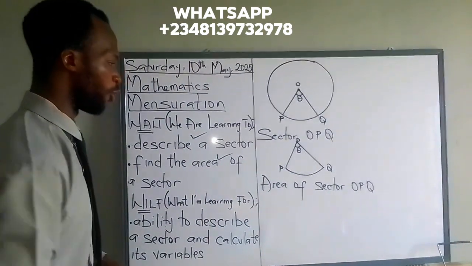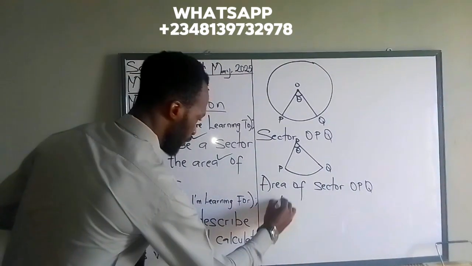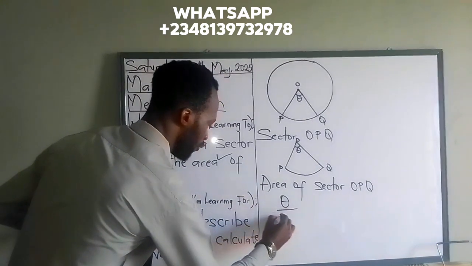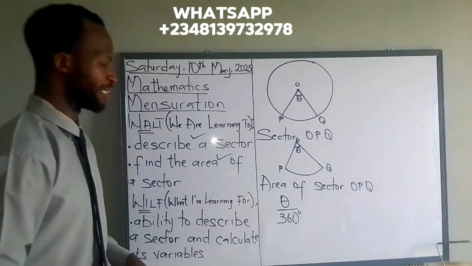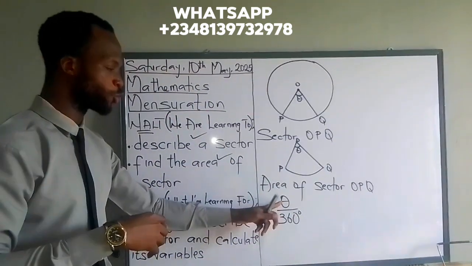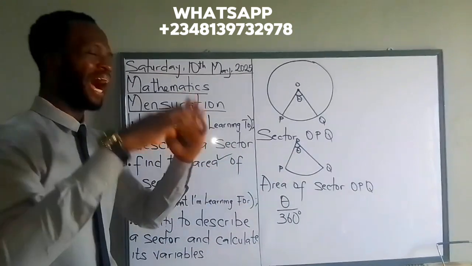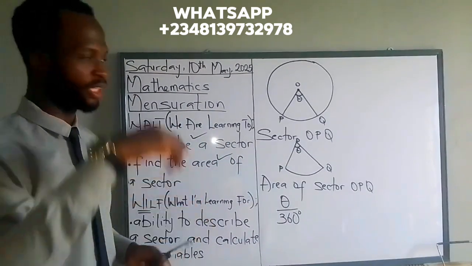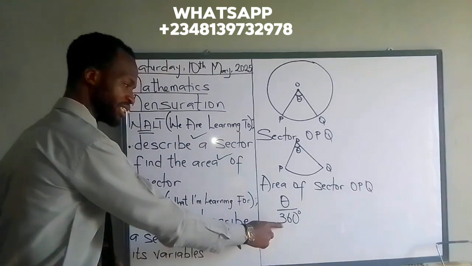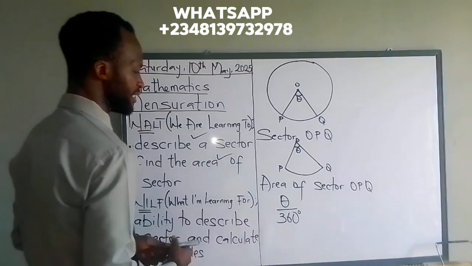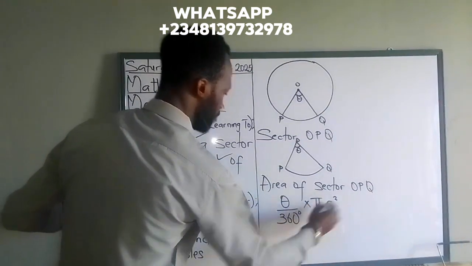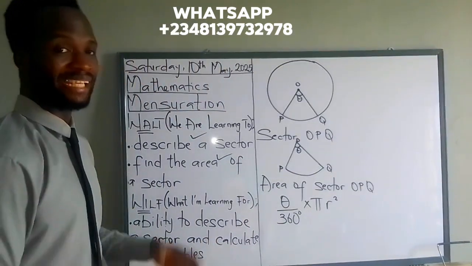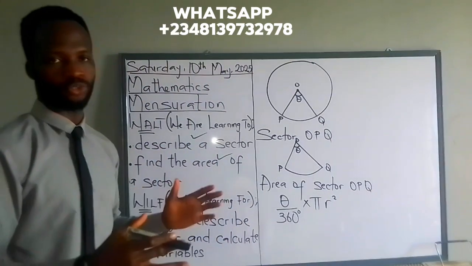We're going to have theta over 360 degrees. Theta is the angle subtended at the center of the circle, out of the sum of angles at a point, which is 360 degrees. So this is theta over 360 times pi r squared, because the area of a circle is pi r squared.